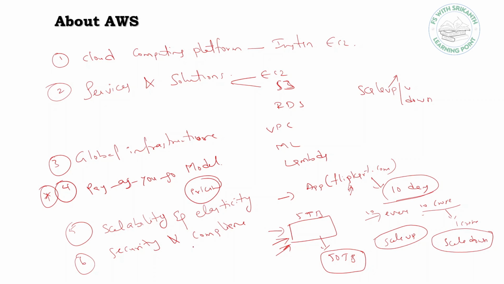So login as a root, login as an IAM user, and based on MFA, multi-factor authentication, a lot of security. And by default, from one account to another account, it provides security.